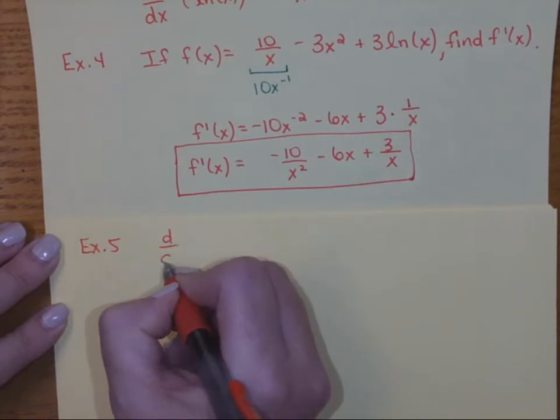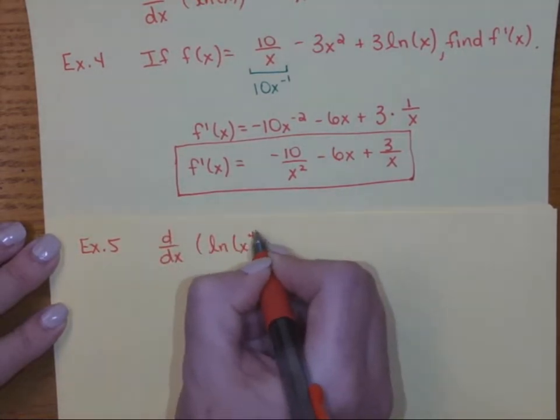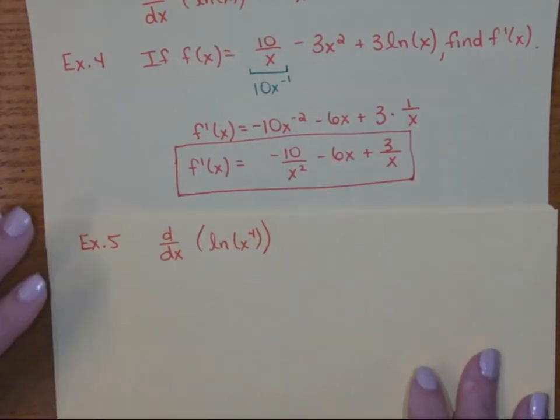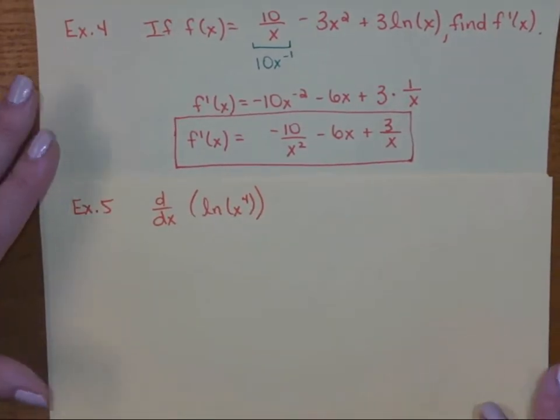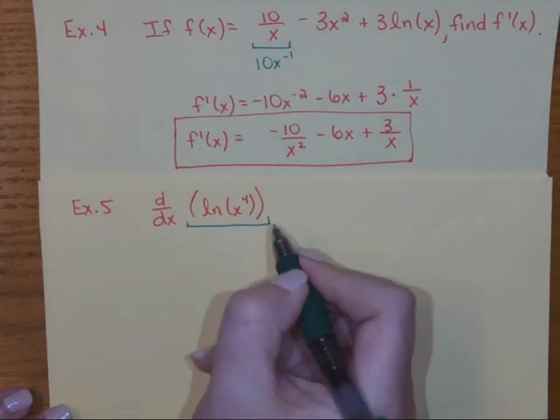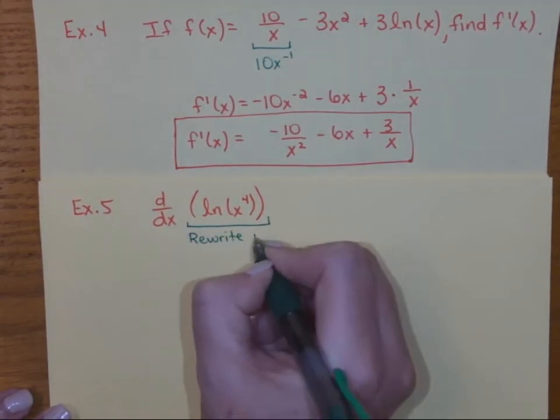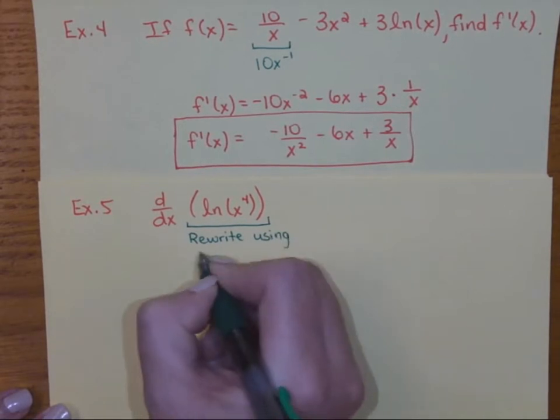So what about, though, if you're given something where you're asked to find the derivative of something that's not plain old ln of x? Okay, we only have a rule if it's plain old ln of x. So what we're going to do is see, do we have a rule listed above that we could use to rewrite this?